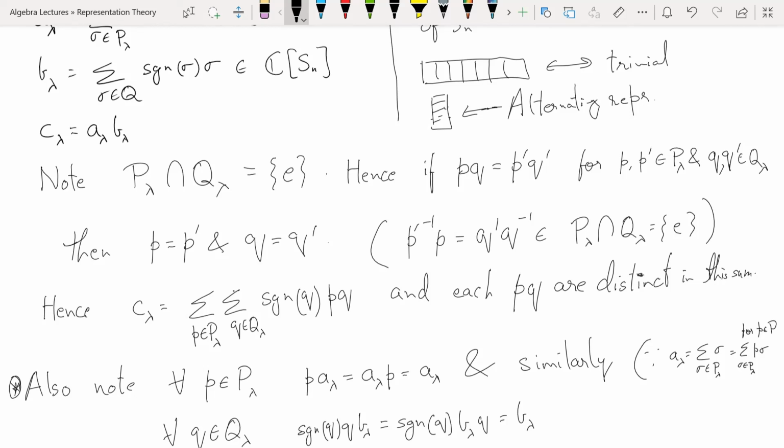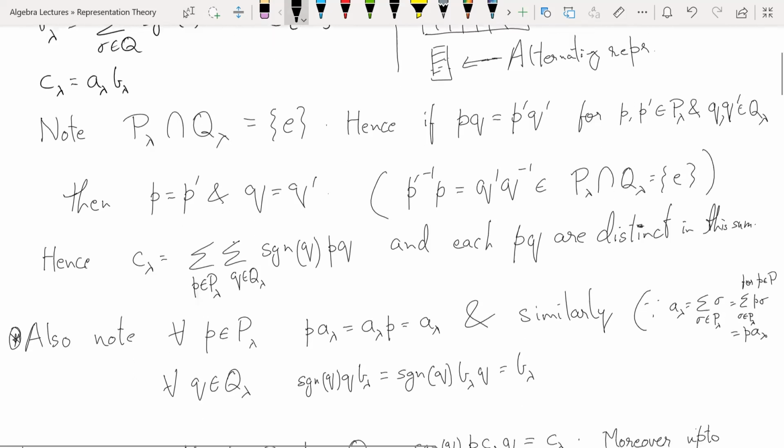Left multiplication by a group element is just a permutation of the elements of the group. And this is precisely p times a lambda. Okay, so multiplying p with a lambda, you get a lambda, no matter which side you multiply.